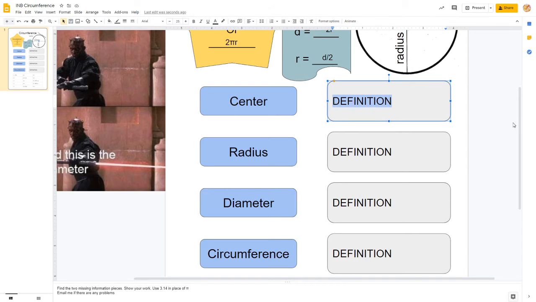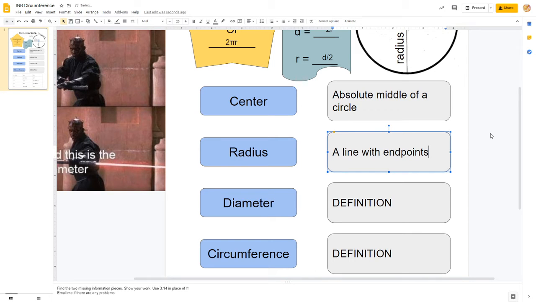Now for some definitions. The center is the absolute middle of a circle. Radius is a line with endpoints at the center and edge of the circle.